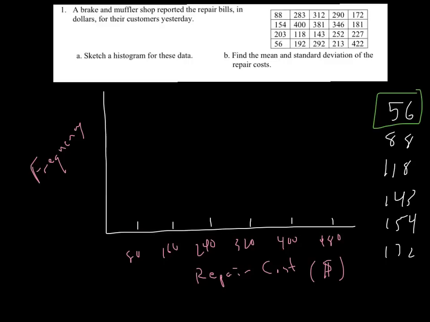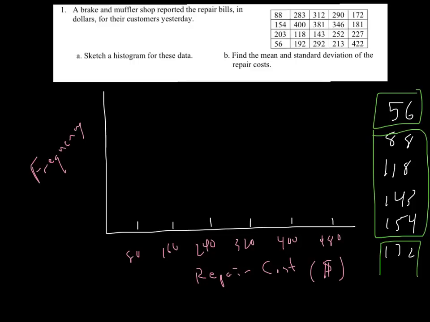One item. For the next one, it's going to be anywhere from $80 up to, but not including, 160. So that's all of these guys right here, and then so on and so forth. The next one's going to land in the next bin. So for frequency, for 0 to 80, I'm going to have 1, and so on. As I go through my bins, I'm going to count the frequency. I'm just writing this on a piece of paper and keeping track of how many items in my list fall into each of the corresponding bins.